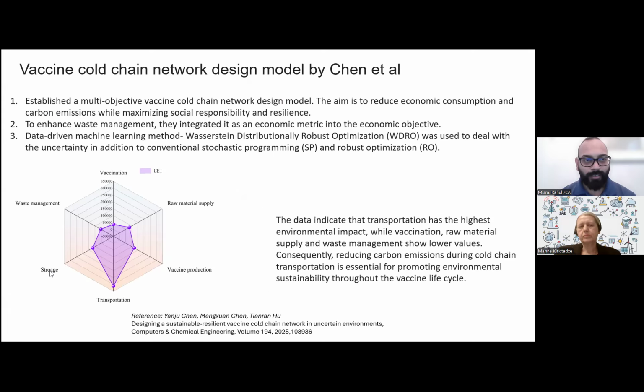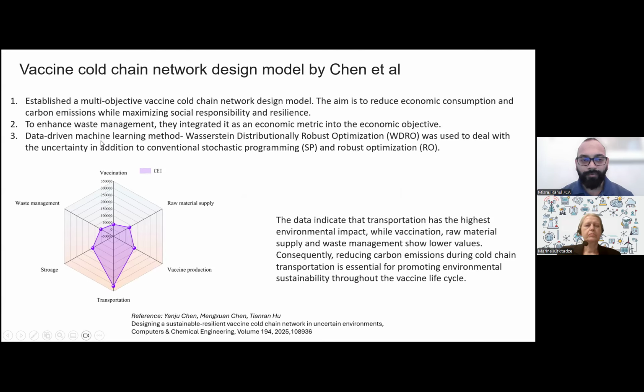The way they did it, they established a multi-objective vaccine cold chain network design model. Again, the aim was to reduce economic consumption and carbon emission while maximizing social responsibility and resilience. To enhance waste management, they integrated it as an economic metric into the economic objective.